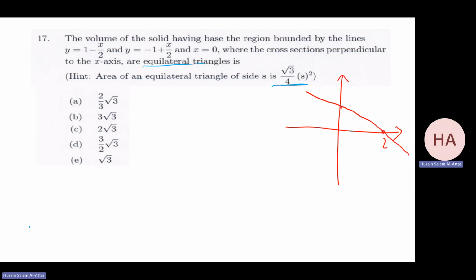The second line, at x equals 0, it is minus 1, and at x equal 2, it is 0. So it will be the same. Here they intersect. Good. And x equals 0, which is the y-axis. I have the y-axis here, so I'm talking about this region. Okay. Equilateral triangle. I need to find the base now.